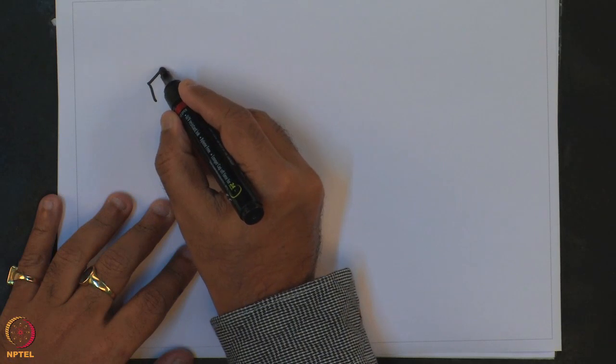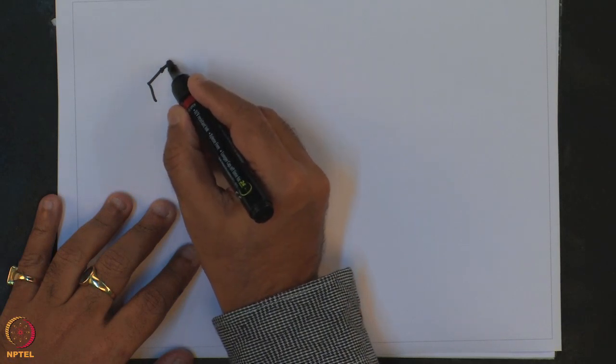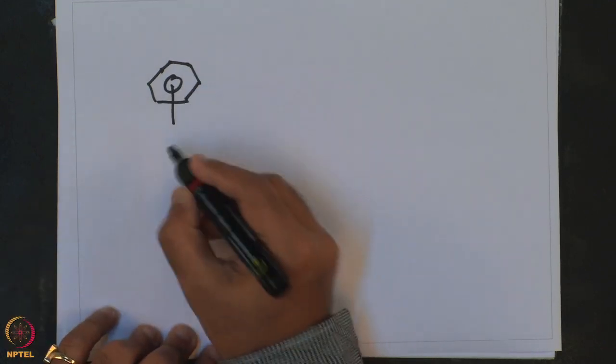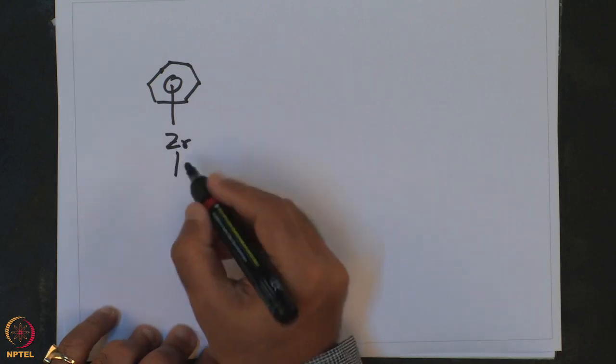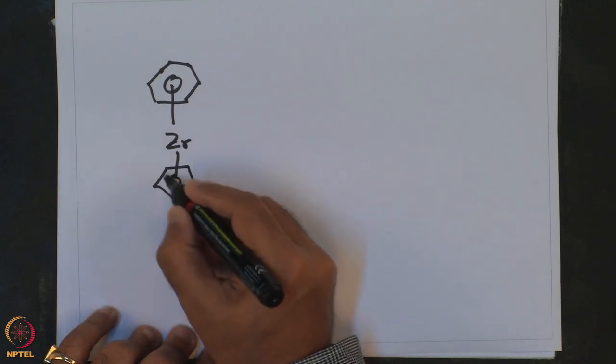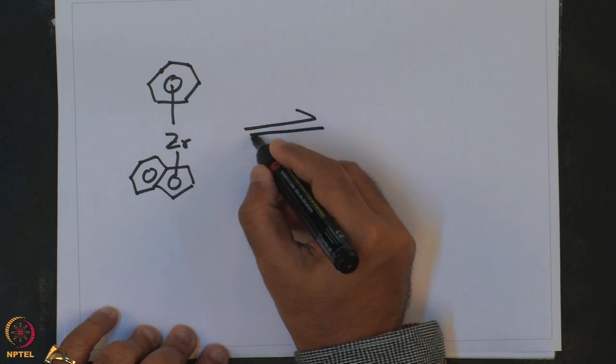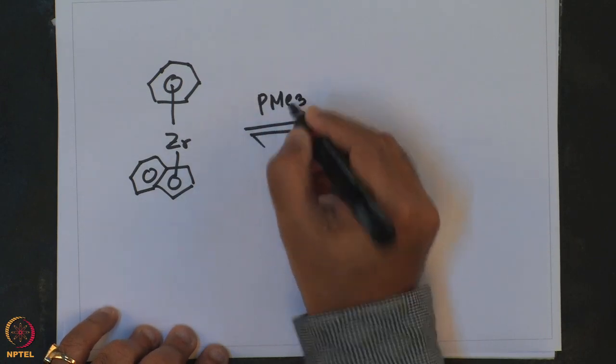So, in this we are going to see another nice example in which a 16 electron compound becomes an 18 electron species by coordination, and this is illustrated in this mixed ligand compound, zirconium, PMe3.